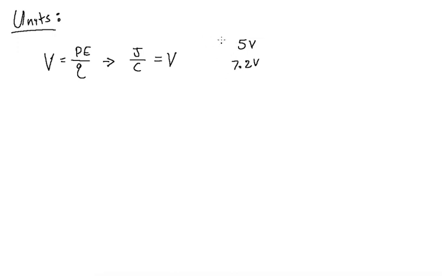So I could have something like potential energy divided by charge equals 5 volts. Maybe that's not the best example, but you know what I mean. If it's written after that number, it's most likely a unit.